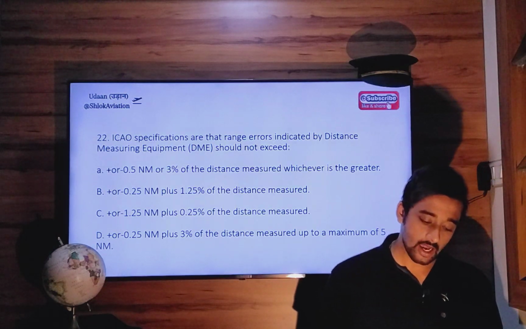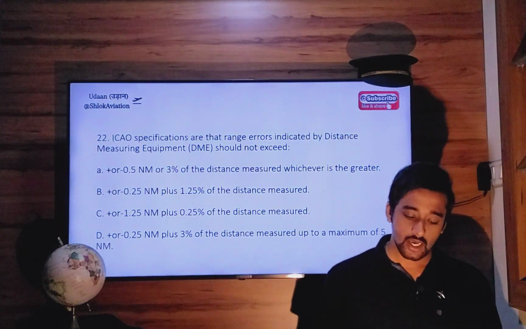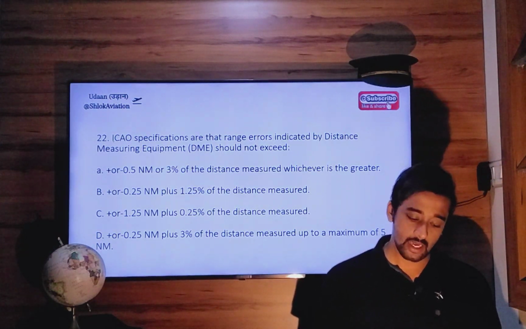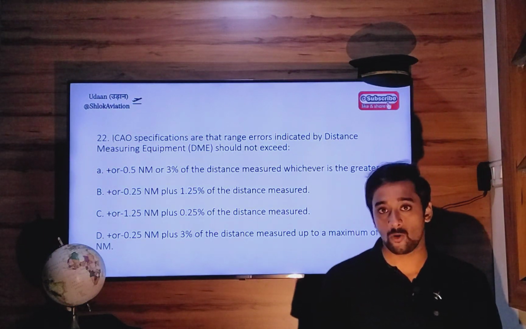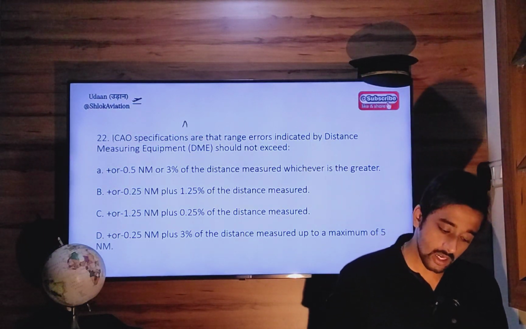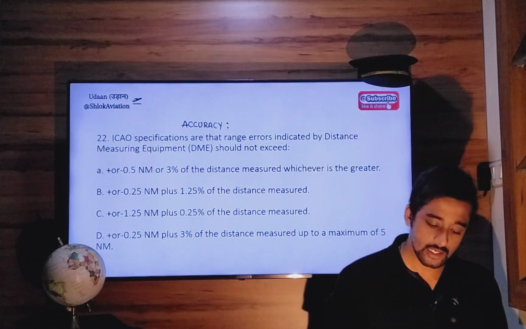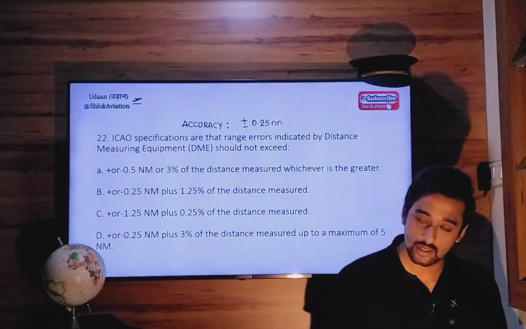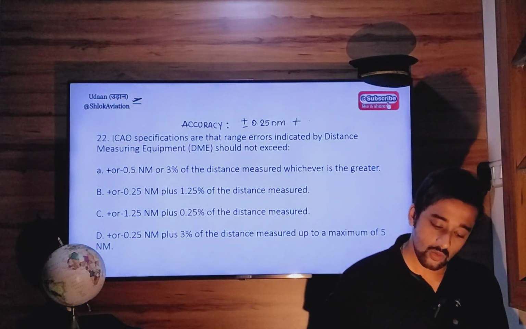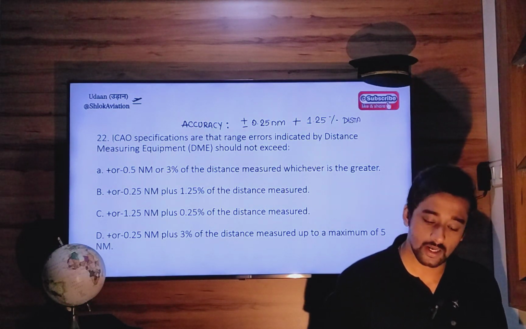Question 22. ICAO specifications are that range errors indicated by DME equipment should not exceed what value? So they are talking about the accuracy limit of the distance measuring equipment. It is always plus minus 0.25 nautical miles plus 1.25 percent of the distance you are from the DME station.